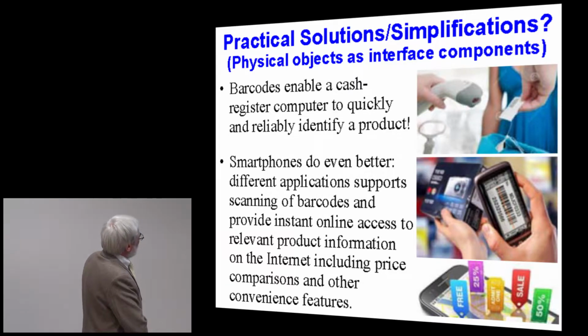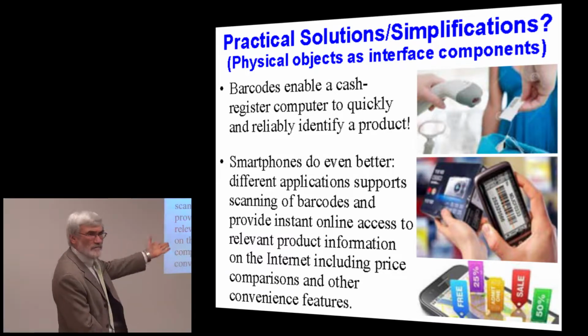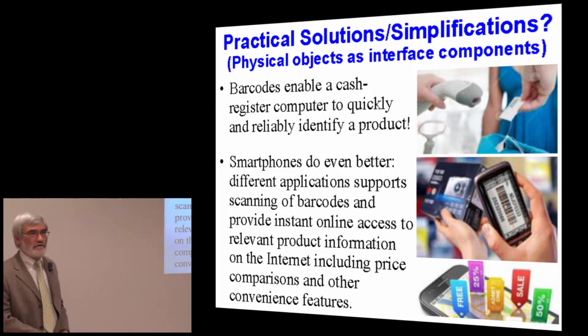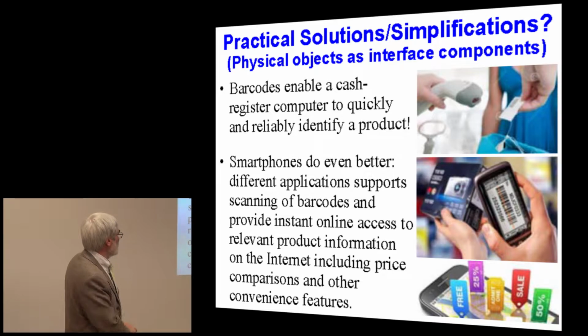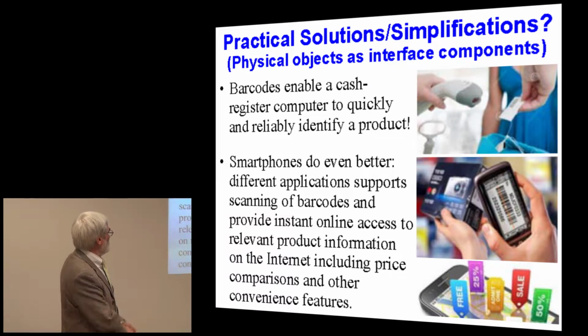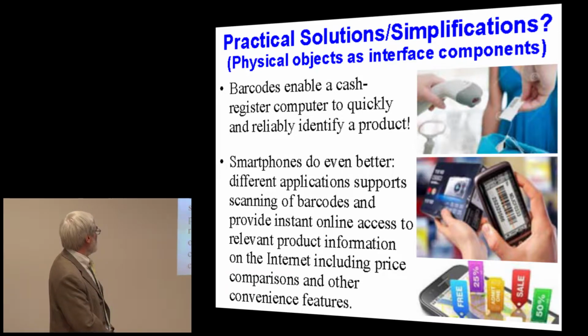So, using physical objects like interface components, that's quite common practice. Actually, in every shop you go and you buy something, it's just scanned. And there is a barcode, and that barcode actually helps the cash register computer identify the product. We don't have to go away to seek a solution.